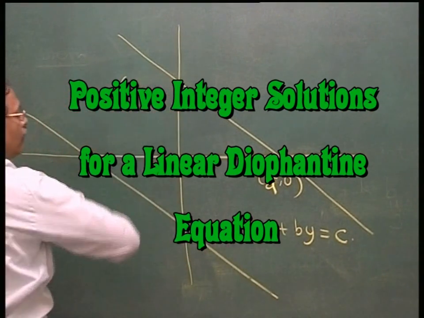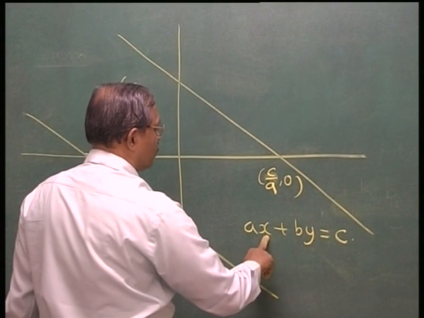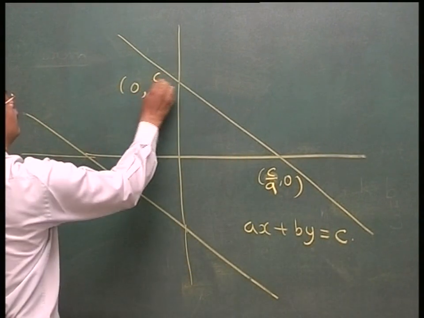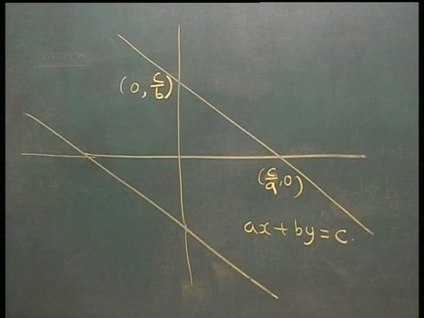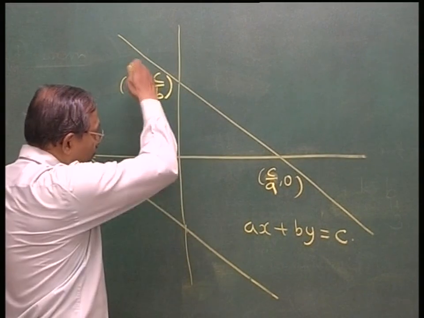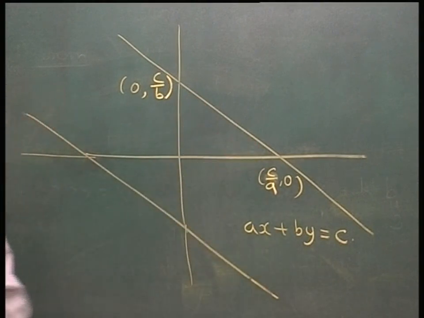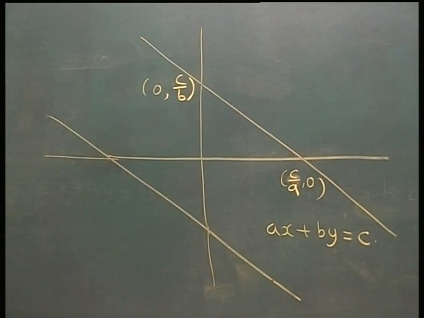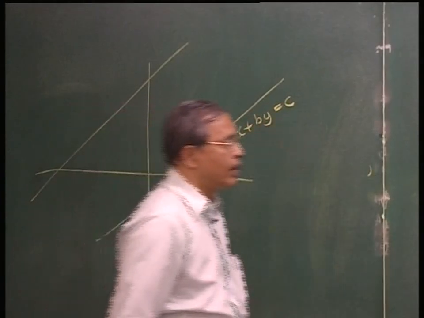And here we put x equal to 0 and y equal to c upon b. Okay, so if the figure is like this, there is some possibility of solutions in positive integers, whereas for this situation there is no solution in positive integers. Here infinitely many positive integer solutions are there.